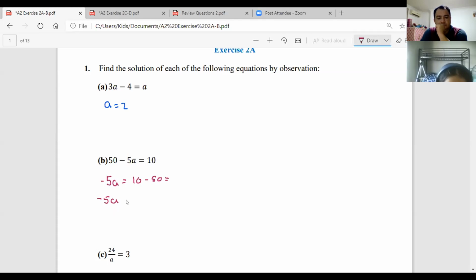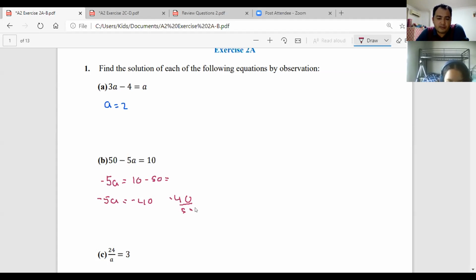And that's negative 40 equals... 40 divided by 5.